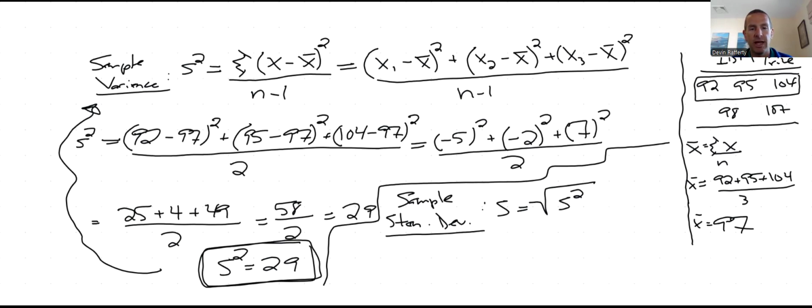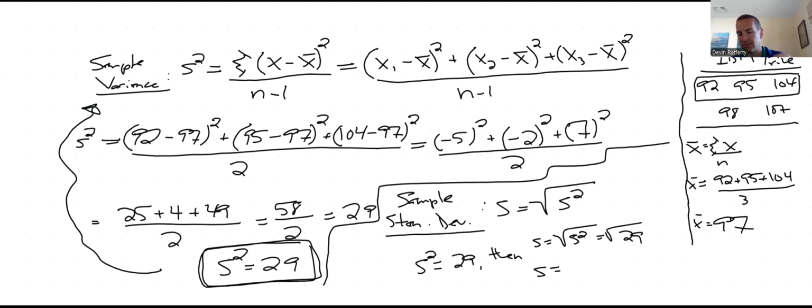Well, if S squared is equal to 29, then S is equal to the square root of S squared, which is equal to the square root of 29, which means that S is equal to 5 point something.